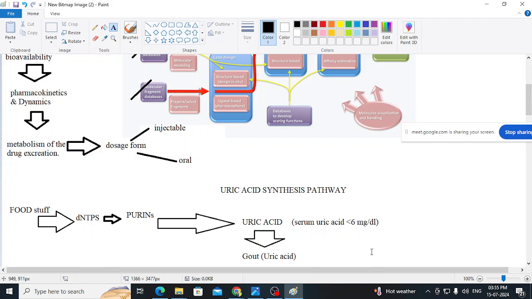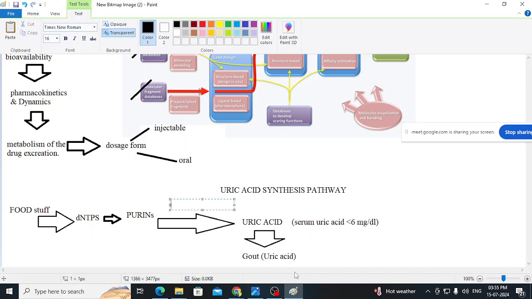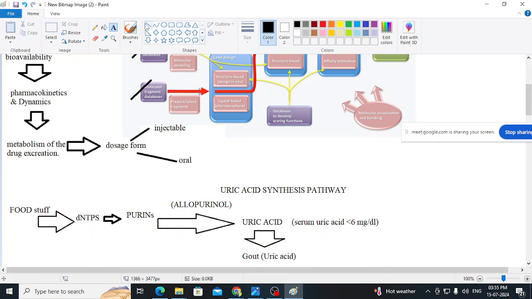So what is the medicine? The medicine is an inhibitor, a structural analog of purines. What is the name? Who can tell me? Any name? Allopurinol is the structural analog of purine which leads to the closing of this pathway, so that no more uric acid is being formed.